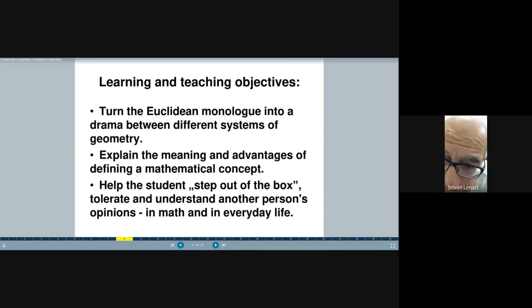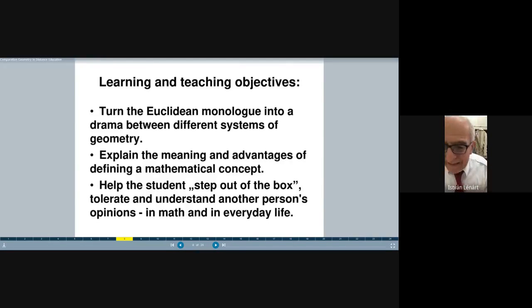Okay, and very, very important, the last one. Help the student step out of the box, tolerate and understand another person's perspective. Just think, if you are Ukrainian or Russian or Polish or Italian or Hungarian or whatever, in this world, you must understand the other people. You must understand another social state, another culture or religion or whatever you want.